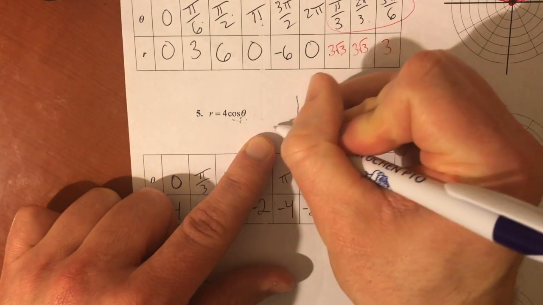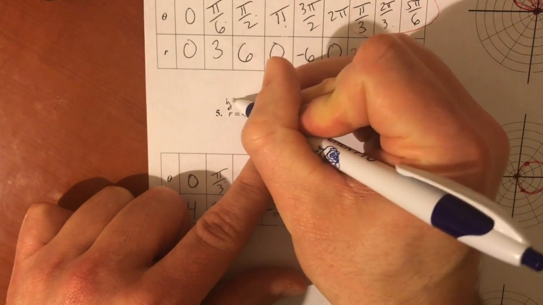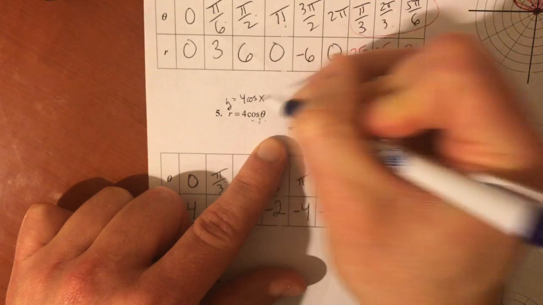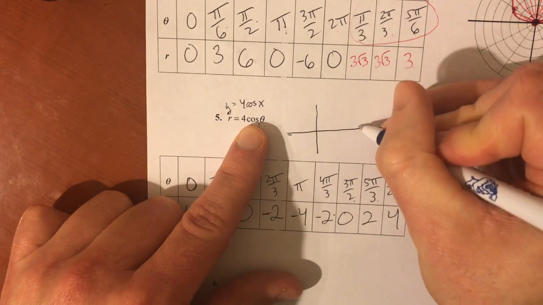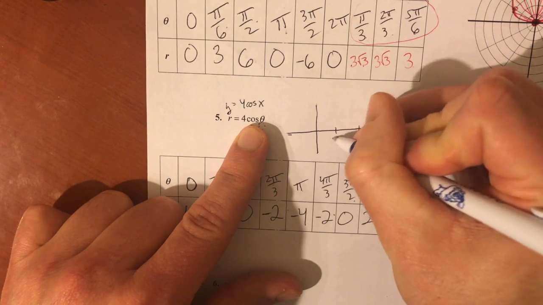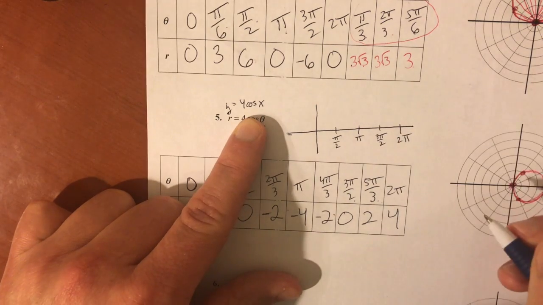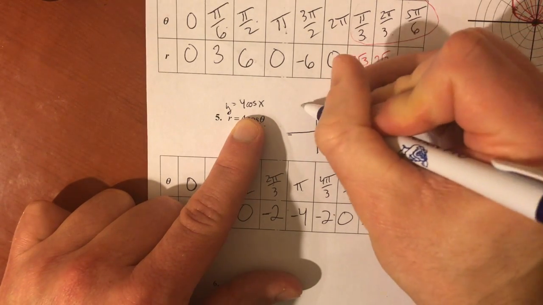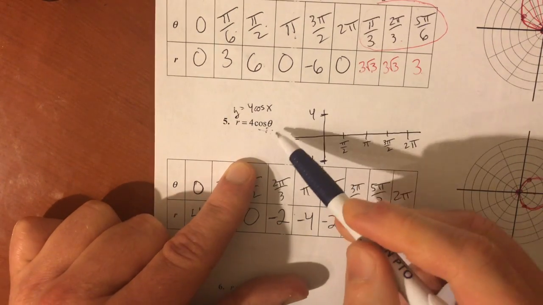And to compare it to the sinusoidal graph of y equals 4 cosine of x, that would again have a period of 2 pi, an amplitude of 4 in this case. So as high as 4, low as negative 4. The midline is 0.